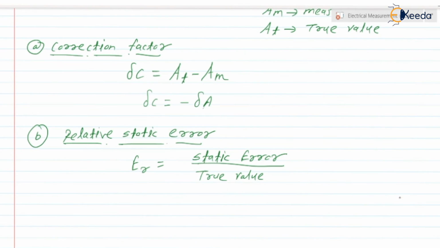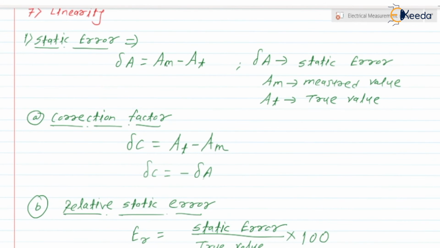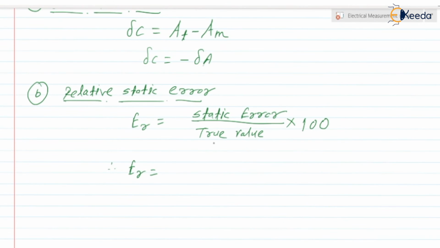If we want to write it in percentage, we need to multiply it by 100. So E or ER is, since static error is AM minus AT, measured value minus true value, equal to AM minus AT divided by AT into 100.